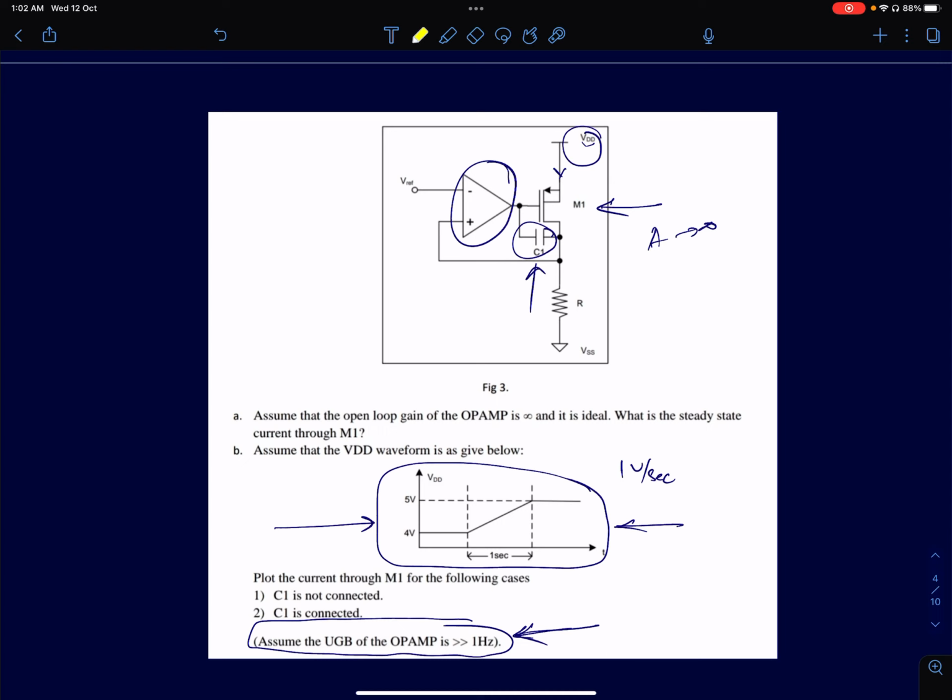In the second case, when the capacitor is connected, you have to use a bit of understanding of capacitors and how the current through a capacitor flows, and also how negative feedback works. You have to keep all that in mind and analyze it. That's why I've broken down the solution into some smaller problems, and we will look at the solutions of those smaller problems and try to understand what happens when you connect the capacitance C1.